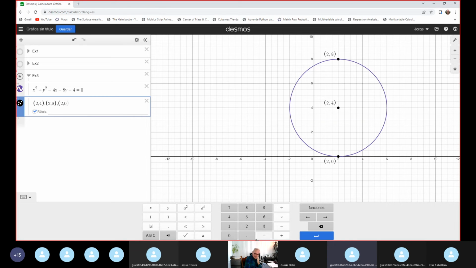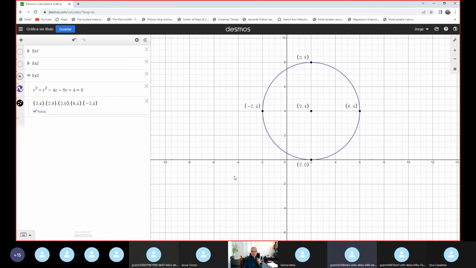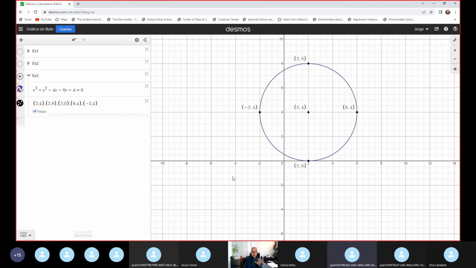Now east, separated by comma, 6,4. I forgot the parentheses. Sorry. 6,4. Excellent. And negative 2,4. Excellent. This is my circle, my famous center point and the four points in each direction.